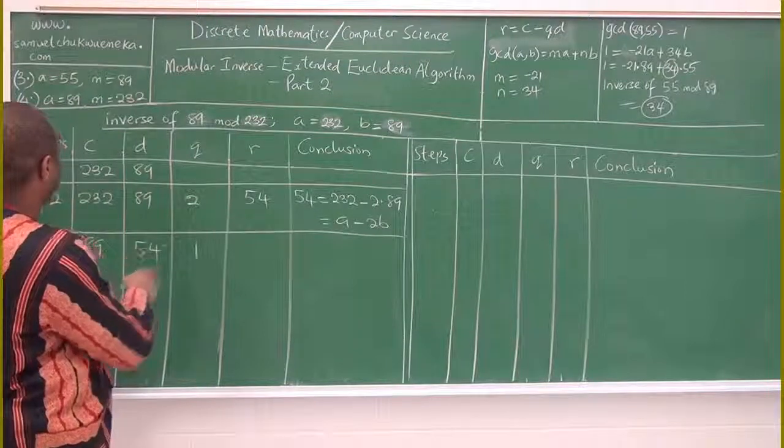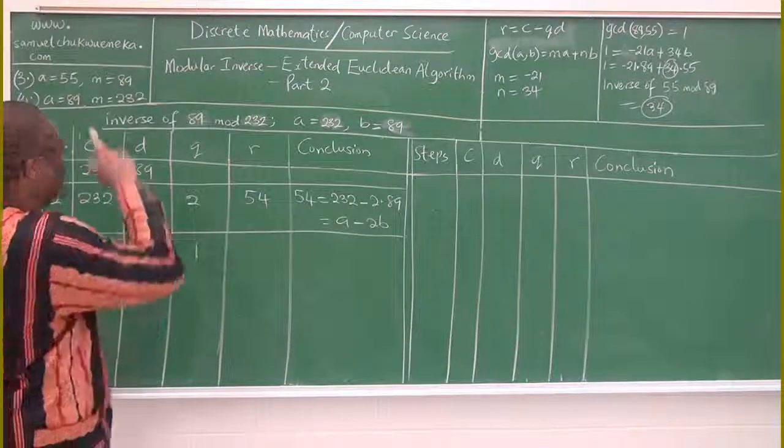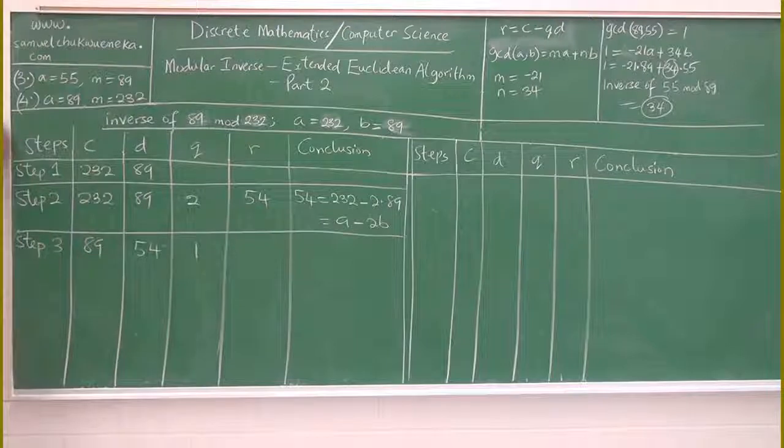If this was 89 and 55, it would have been easier for us. That would have taken us back to that, and I would just end this video right now.